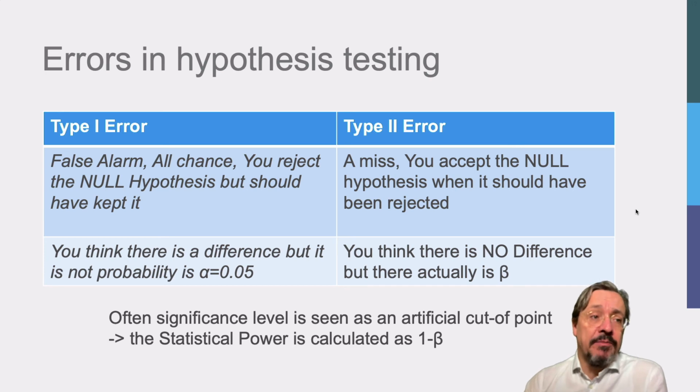You accept the null hypothesis, but actually there is a difference. So in that sense, the 5% level or the 1% level you choose is a kind of artificial split point, but that of course is a convention. In most cases, you really have to look at the content itself and at the decision you take, and not simply apply that without thinking about the consequences and the content-wise conclusions you make.